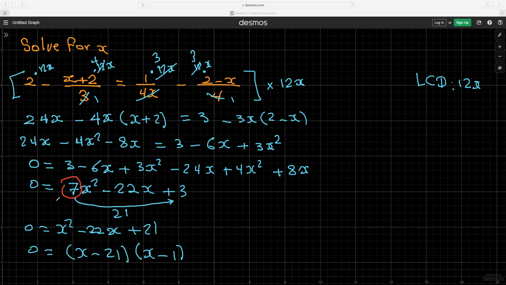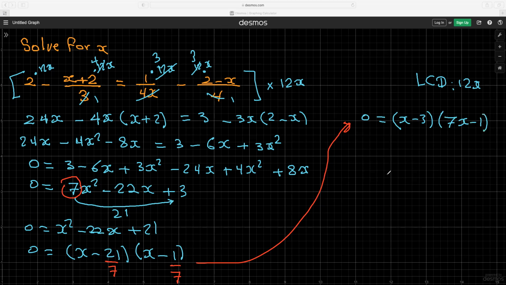My tricky way of factoring is to take that 7 now and divide both these numbers by it. 0 equals x minus 3, because 21 divided by 7 gives you 3, and then this one doesn't divide the 1 and the 7, so you just stick the 7 right in front of the x there, 7x minus 1, and this is factored. Therefore x will give you 3, and this will give me positive 1 over 7. So these are the two answers to this question.